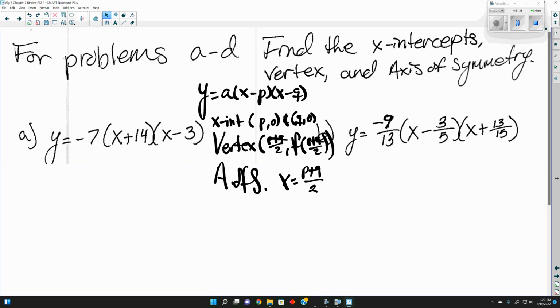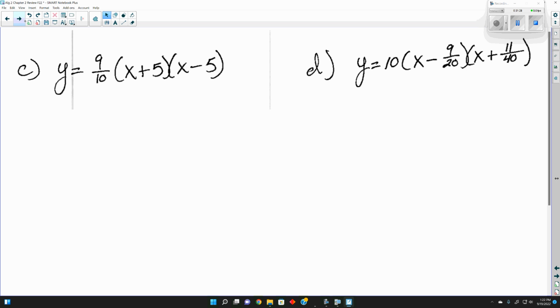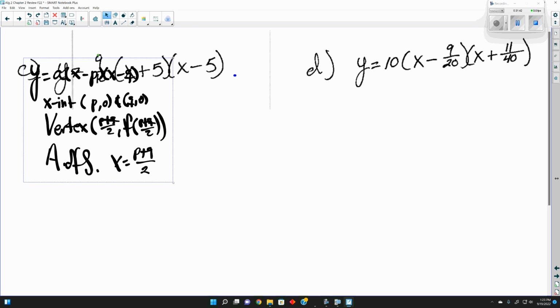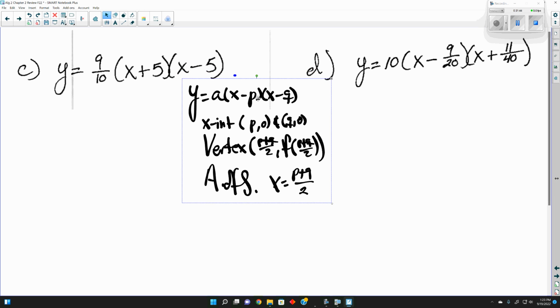Questions on, so we want to look at D. So we have this here. So what's p and q? p is 9/20ths and q is 11/40ths, or vice versa.